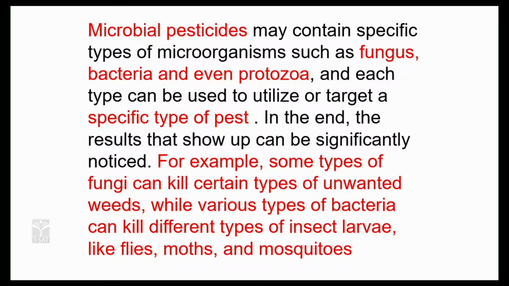In the end, the result that shows up can be significantly noticed. For example, some types of fungi can kill certain types of unwanted weeds, while various types of bacteria can kill different types of insect larvae like flies, moths and mosquitoes. So different types of biopesticides are used against different types of pests.